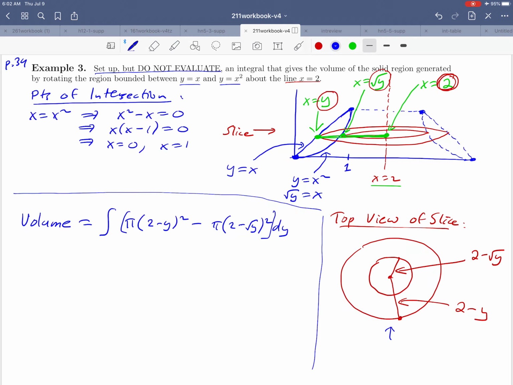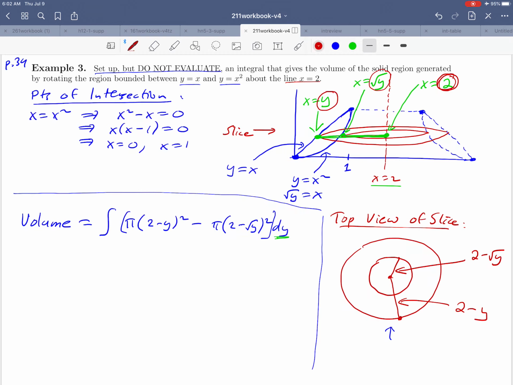Okay, and what's missing are the limits of integration again. Question for you. Are the limits of integration going to be x values or y values in this case? Well, if you look at what's at the end of our integral, dy, that answers the question for us. They need to be y values because we've got y's in our integral.